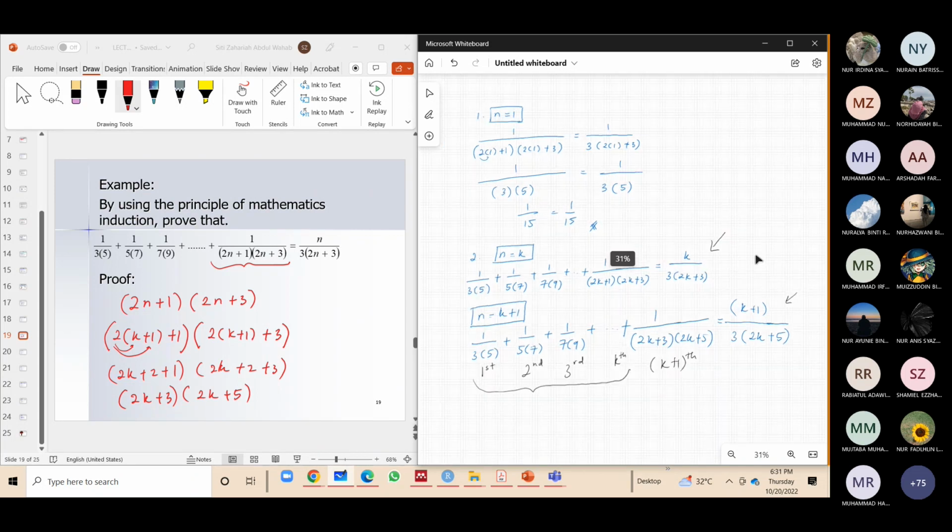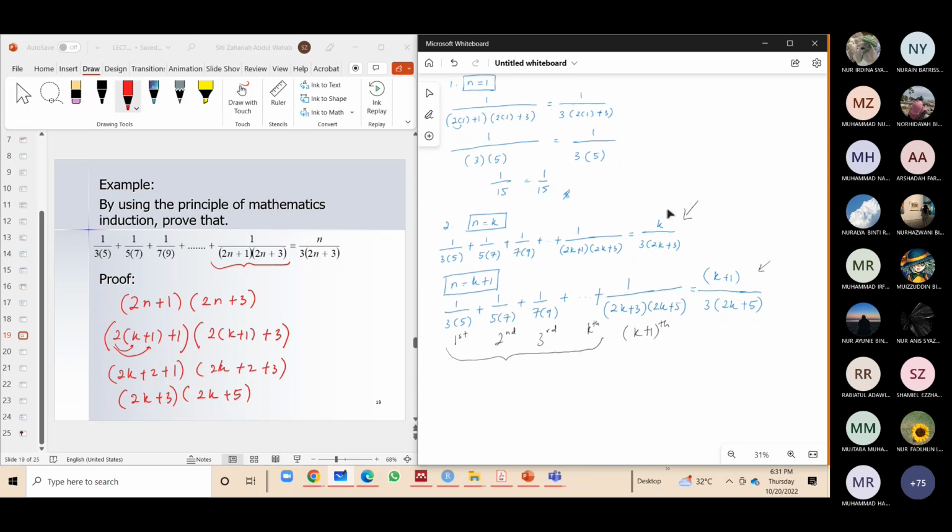So we can just take this equation: k over 3 times (2k+3). This comes from the second step, plus this.